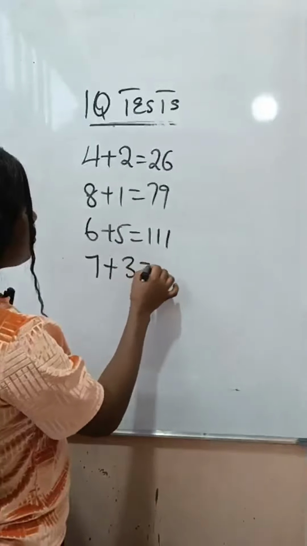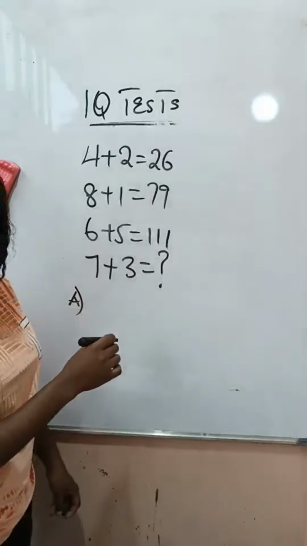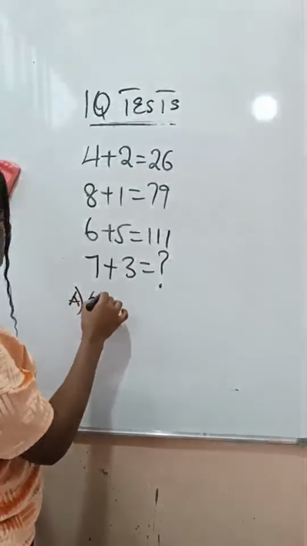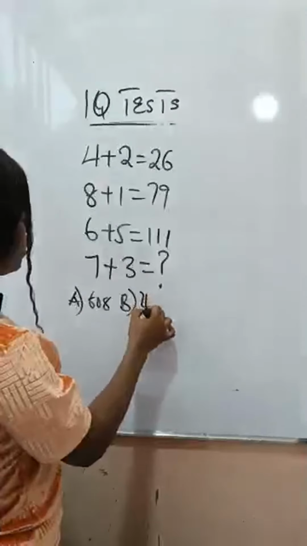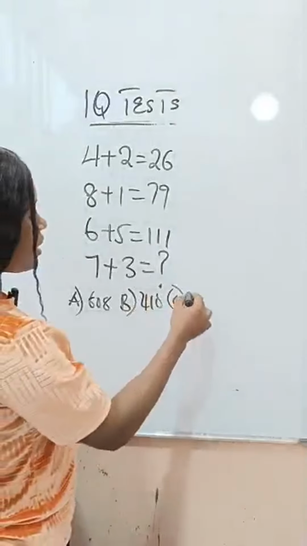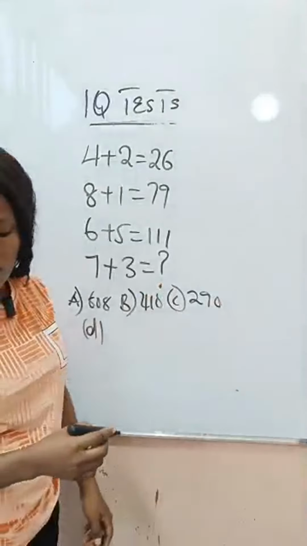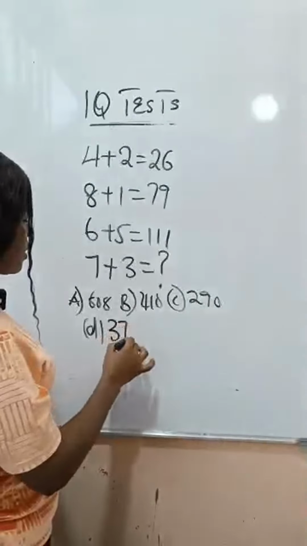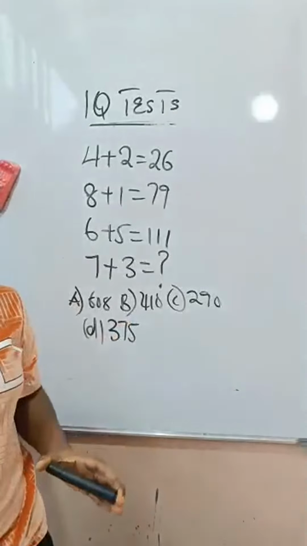Now what is 7 plus 3? Option A is 608. Option B, 410. Option C, 290. And option D, 375. What do you think the answer is?